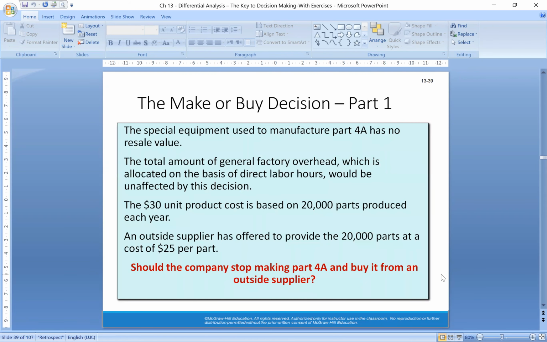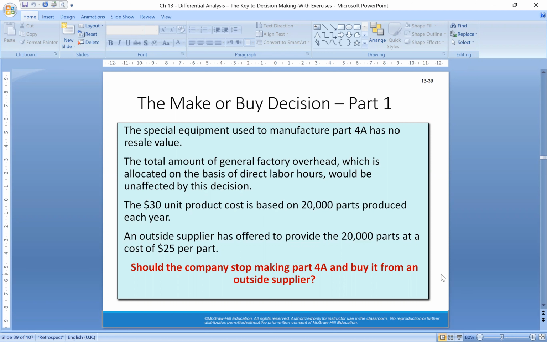If the equipment used to manufacture this part has no resale value, then if I buy it from outside, the machine and its depreciation will be irrelevant for my decision, because I will pay the depreciation or the cost of the machine in both cases, whether I buy it from outside or make it internally.